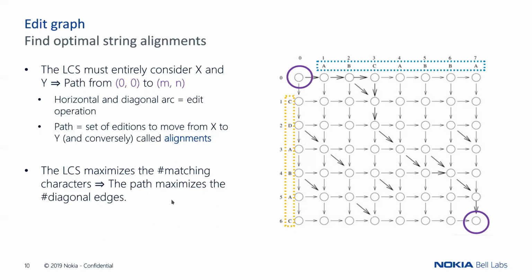Another way to say this is that solving the LCS problem, which consists in minimizing the number of insertions and deletions, is equivalent to finding the set of operations that maximize the number of matches, and so is equivalent to finding the paths that maximize the number of diagonal edges from this one to this one.